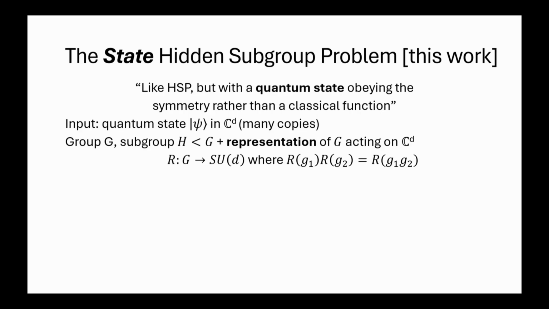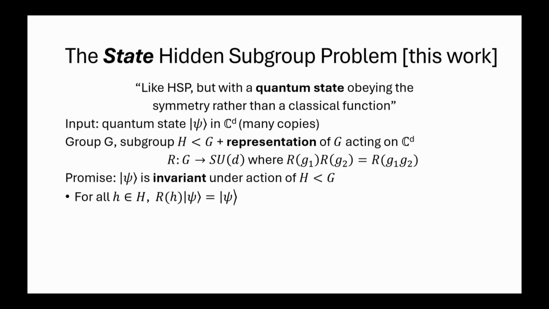There's, again, a group G and a subgroup H. But we're now given access to an arbitrary representation of the group G on this vector space. In other words, it's some map from the group to unitary matrices that obeys the group relations. And our promise is that our input state psi is invariant under the action of the subgroup. What this means is that if you act on the state with the representation of any element of the subgroup H, that stabilizes the state psi.